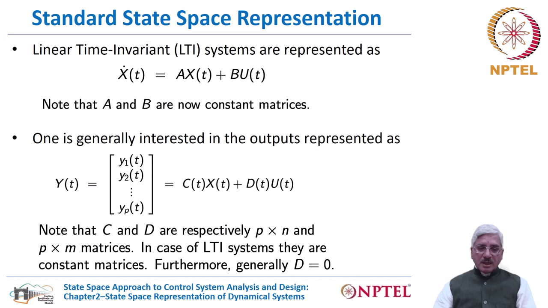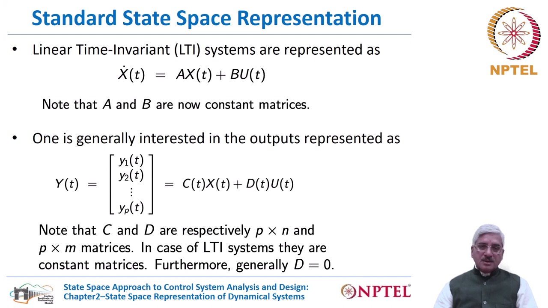Or in other words, A and B are constant. In that case, the representation obtained is called linear time invariant or LTI system representation. You can see that we have dropped the t which was coming along with A and B. So instead of A(t) and B(t), we have only A and B, indicating that A and B are constant matrices.